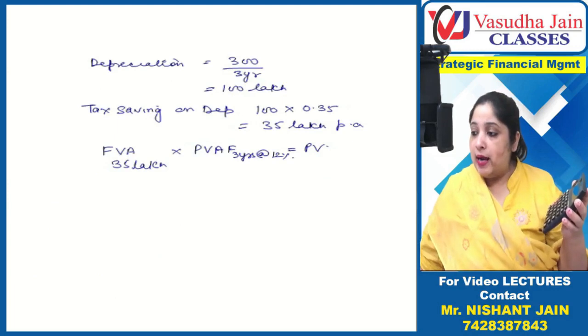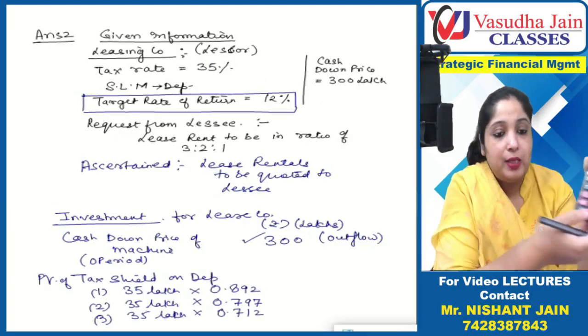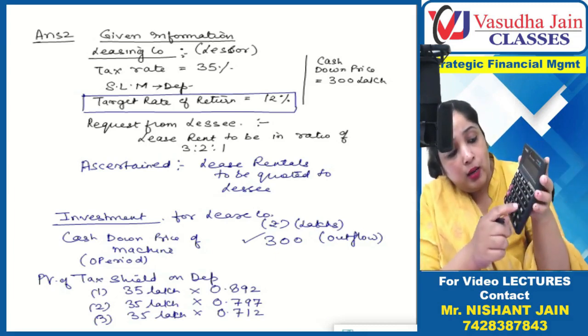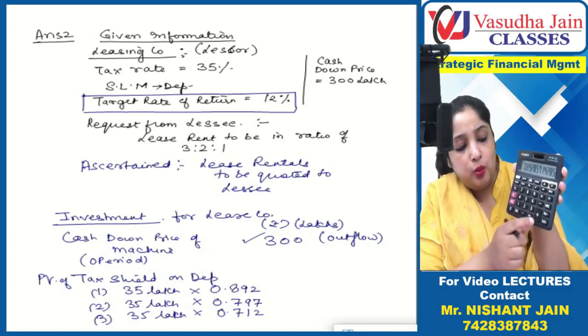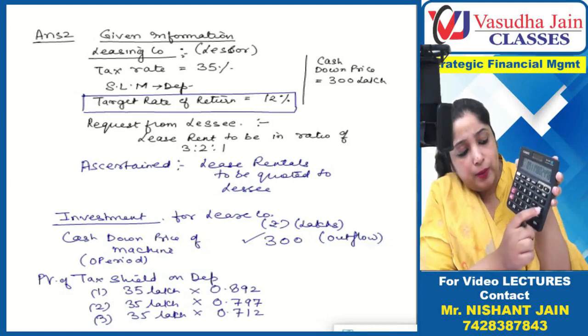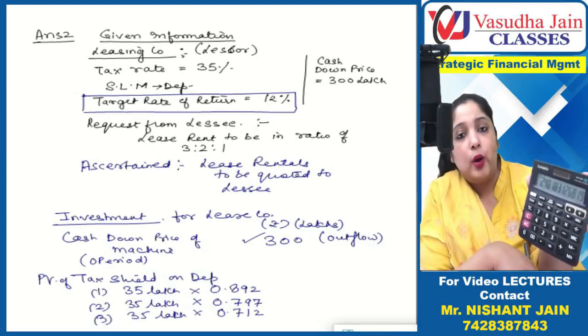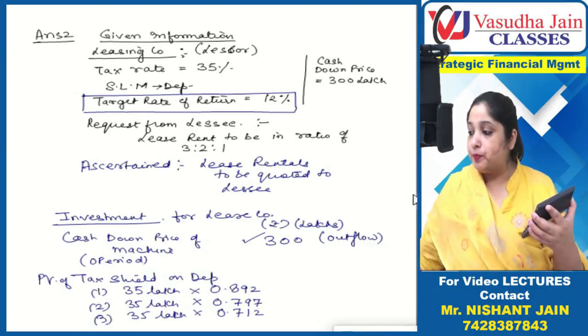So we can either add these figures from here, or we can add on the calculator also, using memory plus. How do we do it? See please. 1 divided by 1.12 equal to, memory plus, equal to, memory plus, equal to, memory plus, memory recall. This is coming out to be 2.40183, which is 2.40.